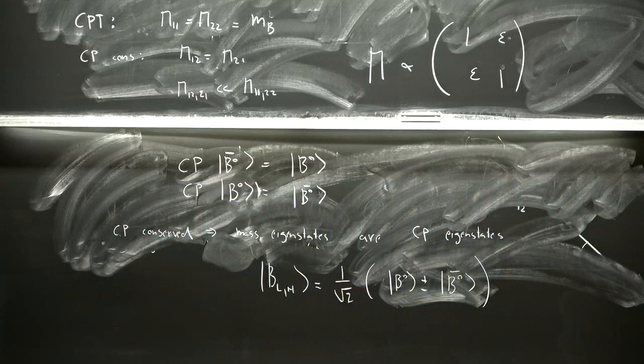Now, in real life, there are two complications. The first complication is CP is violated.